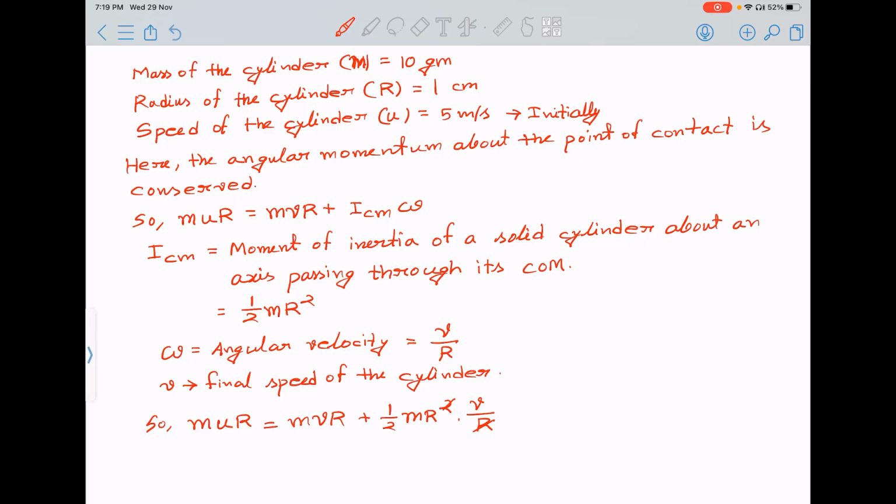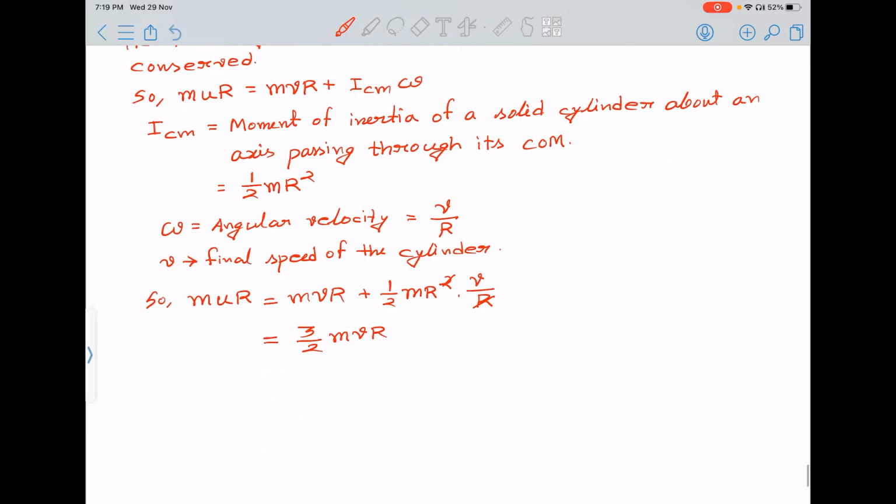So this will be cancelled. So this will give me half m v r plus m v r. So 3 by 2 m v r. So if I cancel m and r from both sides, as both of them are non-zero quantities, then I will get u equals to 3 by 2 v.